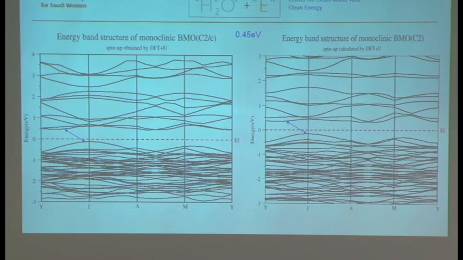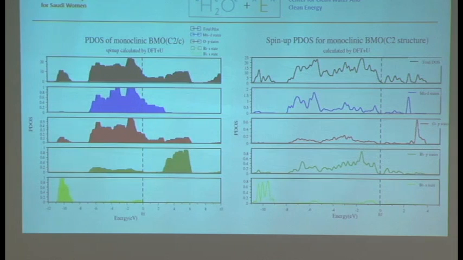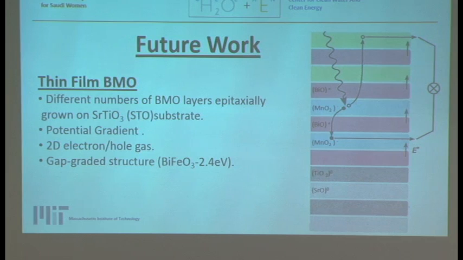Then once it's all done, we will calculate the polarization of the structure, and from there we can decide which structure or symmetry we will use to move on to the thin film calculations. Sorry, this is the projected density of states with the U value, DFT+U.